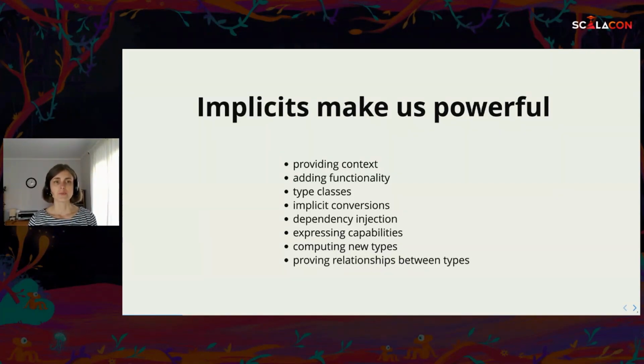Generally, implicits are a very powerful feature. They make us powerful because they let us make our code do what we need it to do. And it's also widely used in a lot of libraries in Scala.